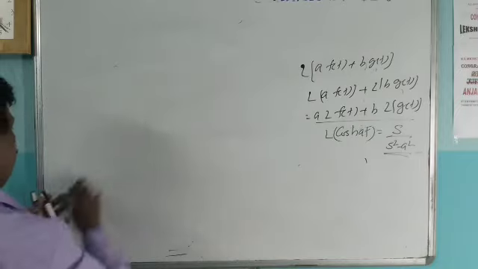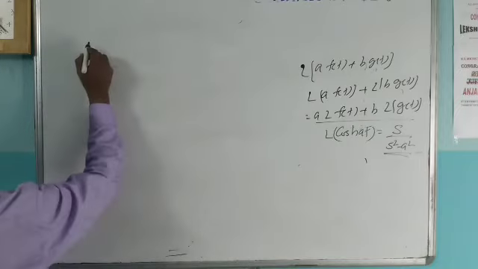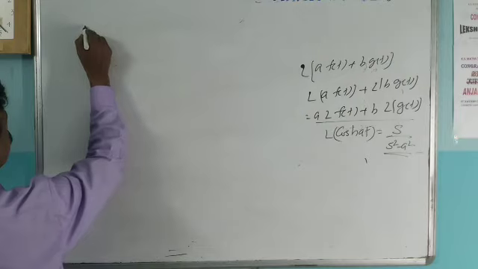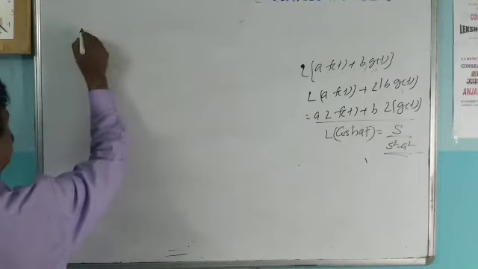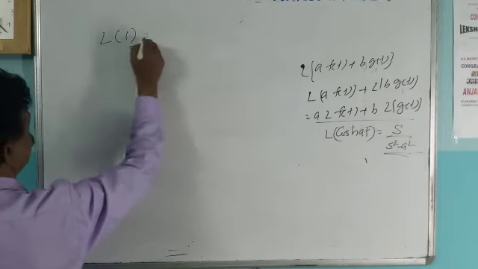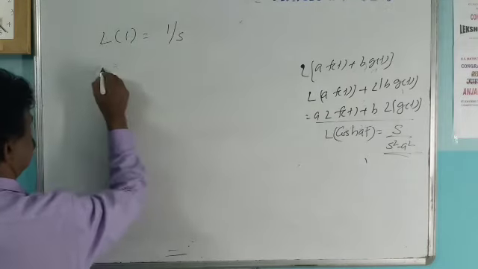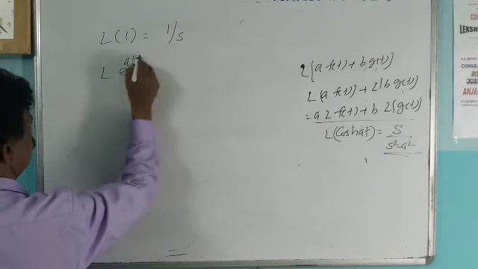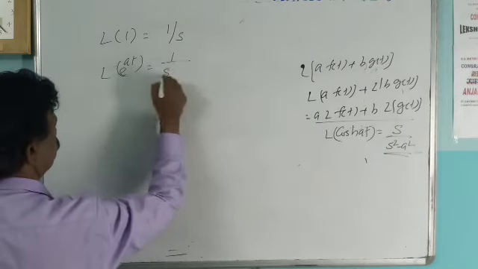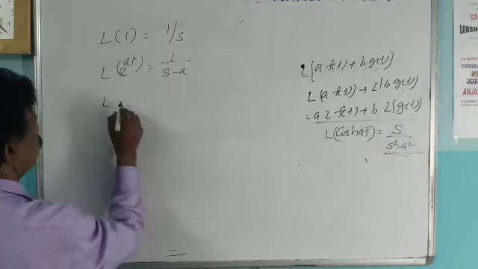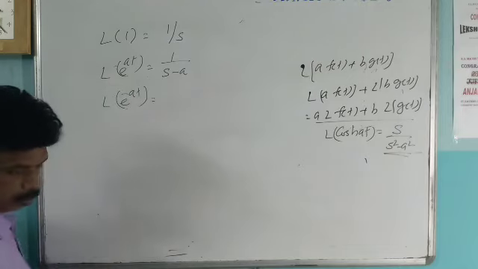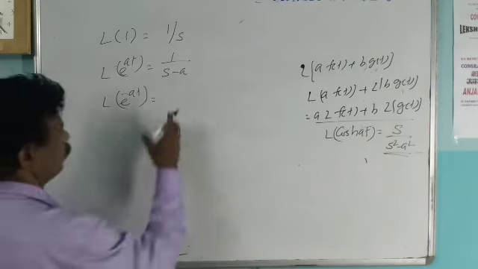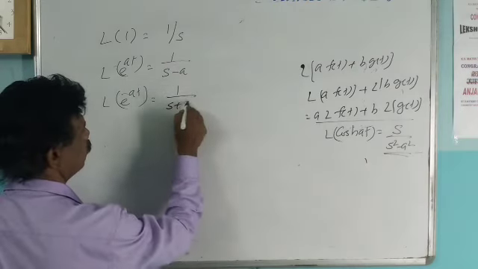Tell me one by one, some important ones. Laplace of 1 equals 1 by s. Laplace of e raised to at equals 1 by s minus a. Then also you have to remember Laplace of e raised to minus at equals 1 by s plus a.